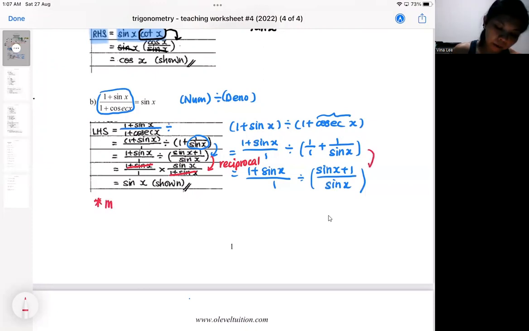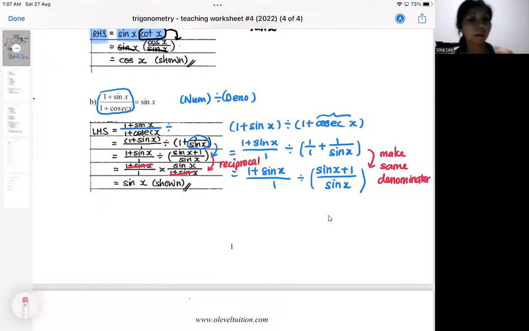From here to here, I actually make the same denominator. That's one of the techniques. In this question, I make use of the make-same-denominator technique so I can apply my reciprocal, and then I end up doing some cancellation.